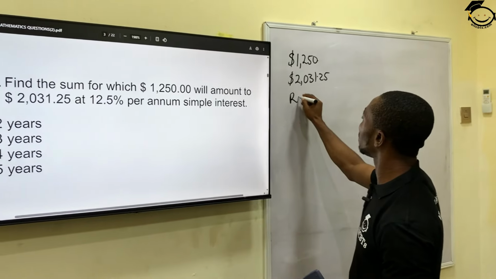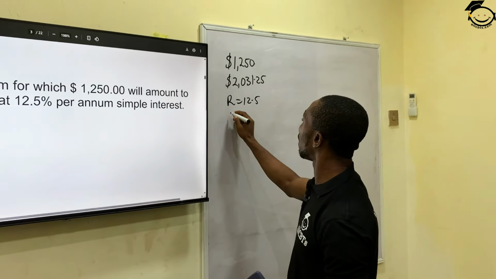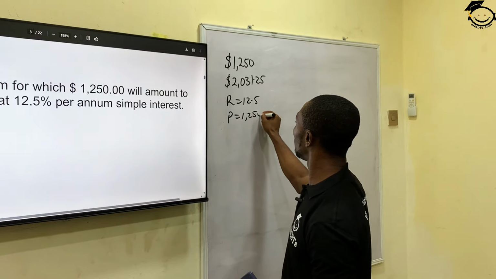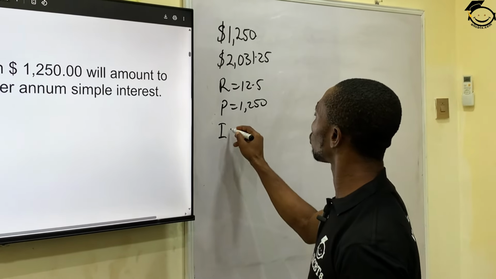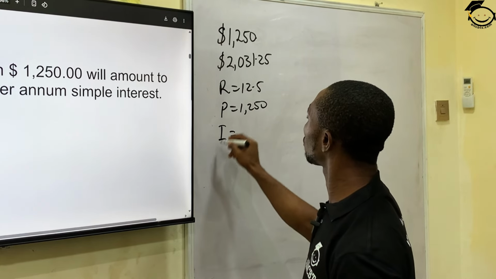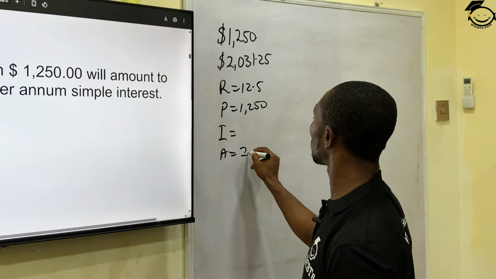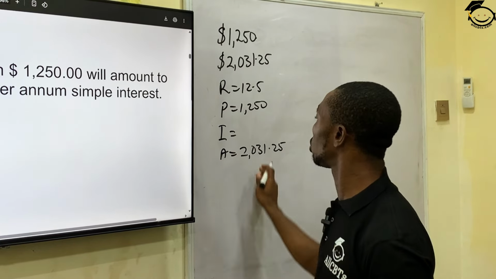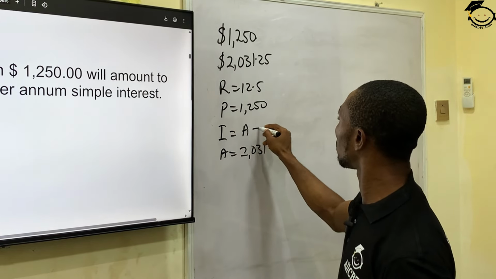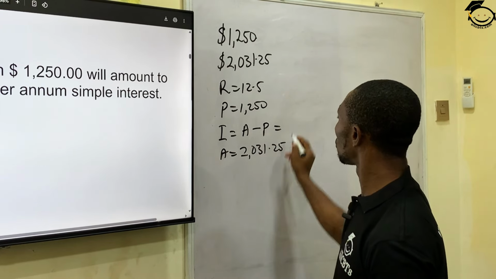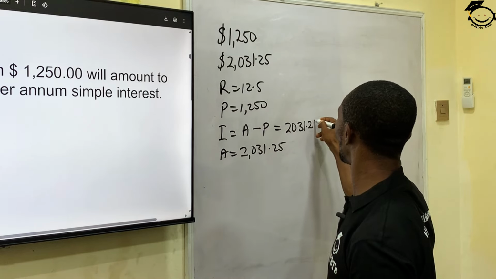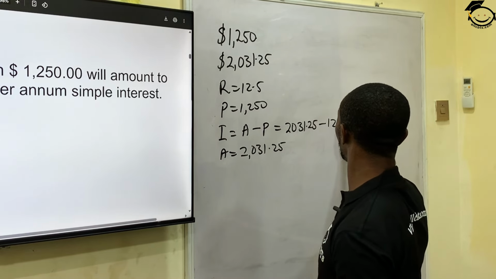So we have our rate as 12.5 and we have our principal as 1,250. So let's find what our interest is if our amount is 2,031.25. For us to get interest, it is amount minus principal. So this is going to be 2,031.25 minus 1,250.